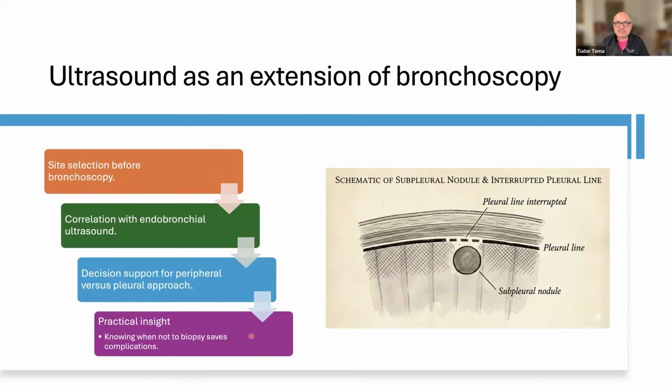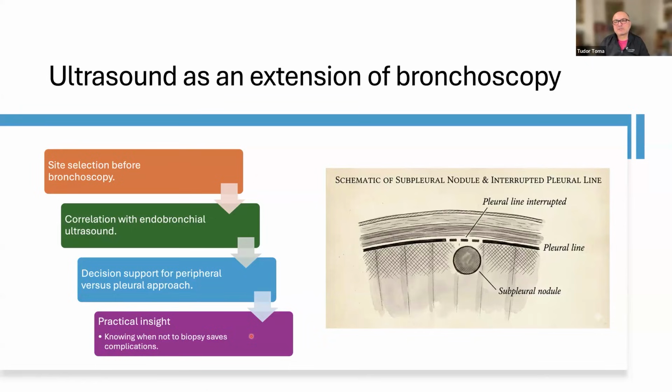I think we need to look at research and development in this area, because for example, there is a paper which shows that the elastographic use of thoracic ultrasound can help visualizing peripheral lesions which are not in contact with the pleura, and that may open up the possibility to target a peripheral lesion with thoracic ultrasound, just using the elastographic appearance.